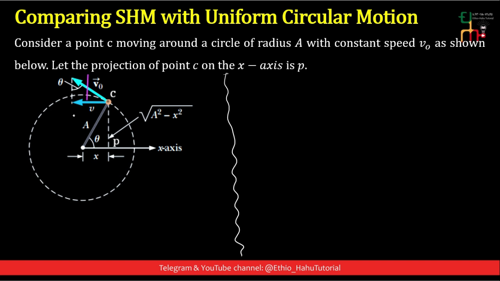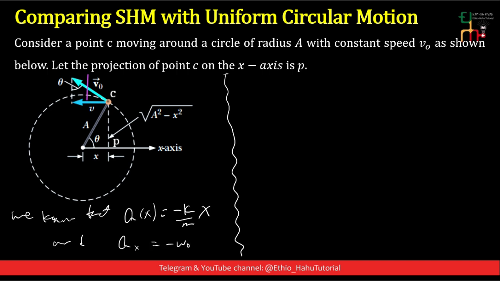The period of revolution of point C is the same as the period of oscillation of point P. To find that, we know that acceleration as a function of x is equal to minus k over m times x, that we have found so far, and from equation 3, acceleration is equal to simply minus omega naught square x.